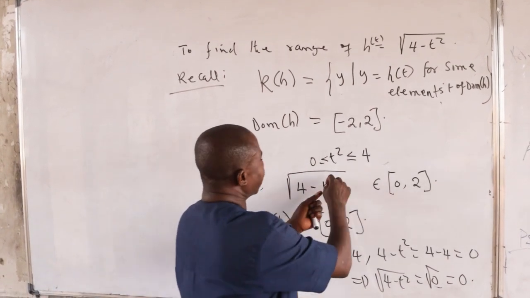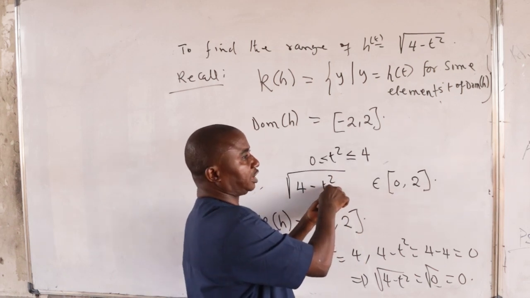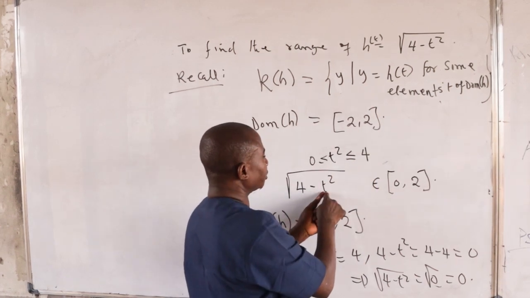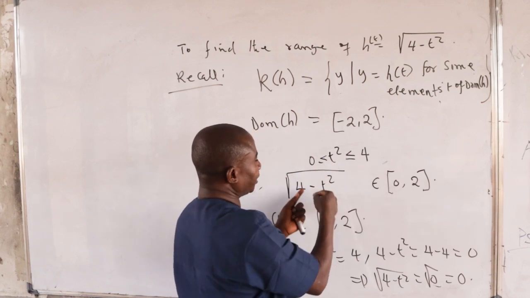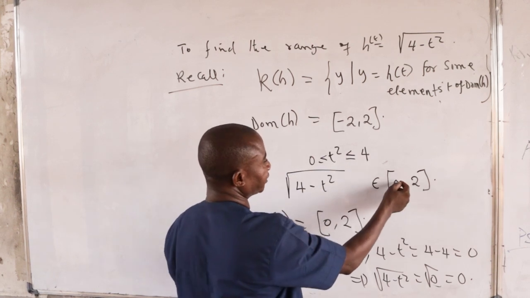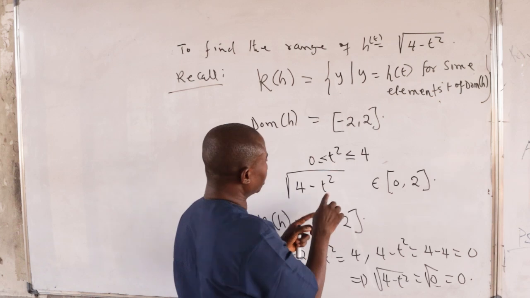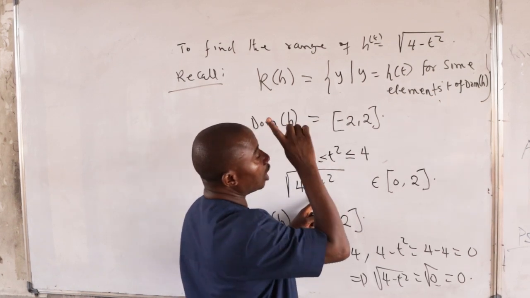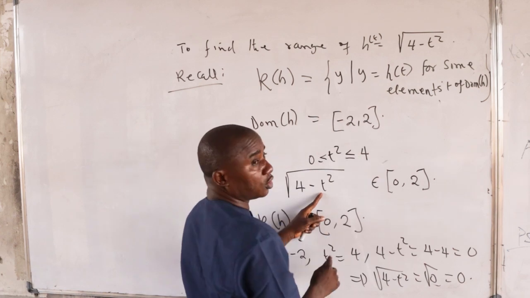So as the values of t squared increase, 4 minus t squared will decrease, so the square root will also decrease. And so the highest value you can get for the function h occurs when t is 0.